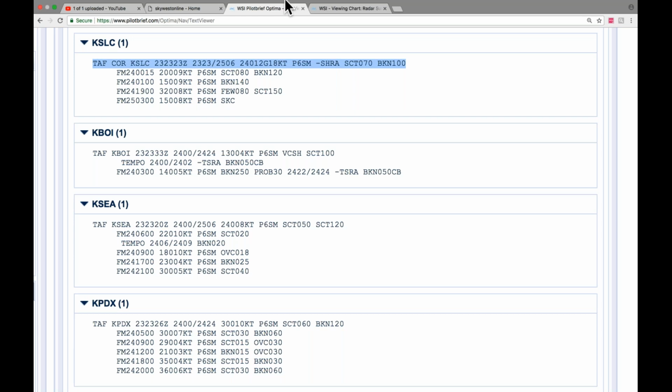Is this TAF or is this METAR? So this one's a TAF, but it's very similar to a METAR. This is basically a METAR up to where the temperature dew point spread is. Just a little tiny bit different.